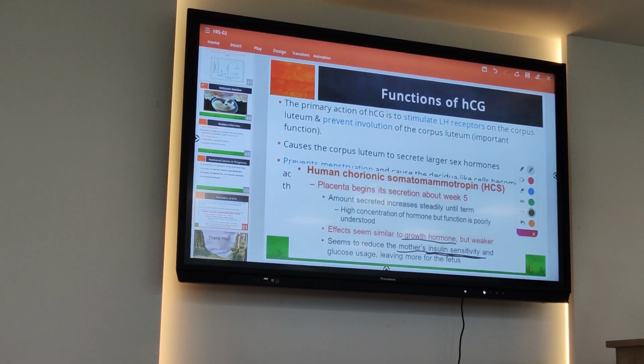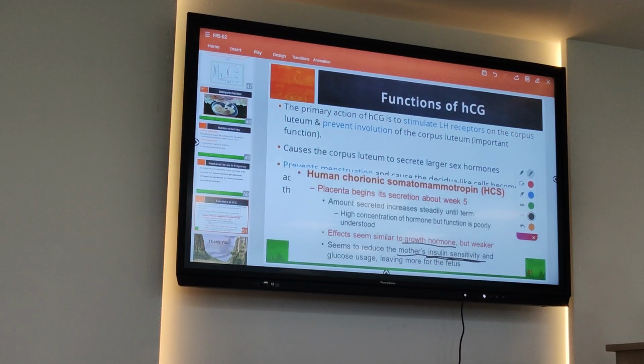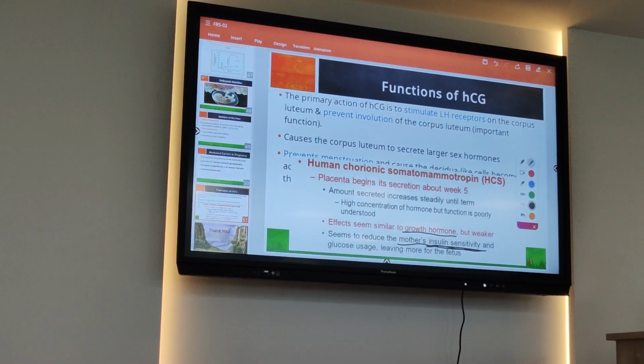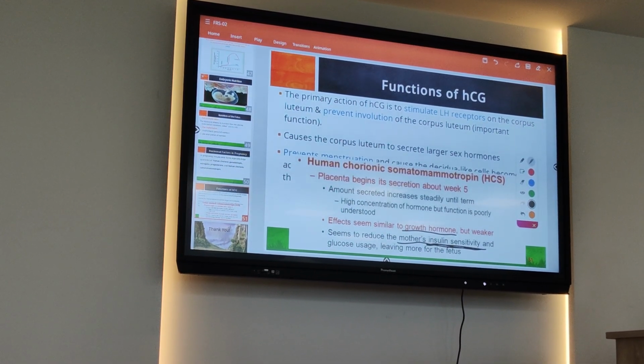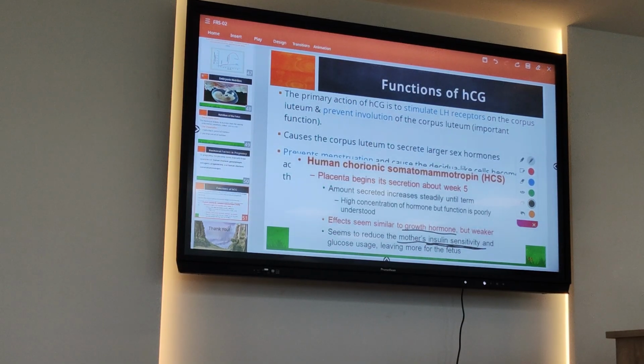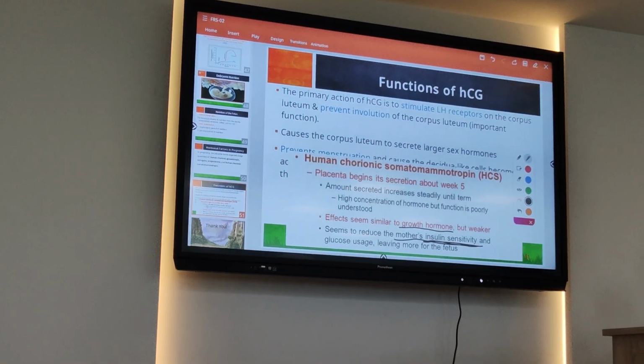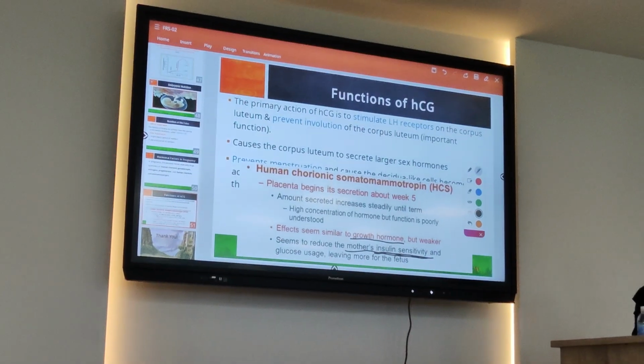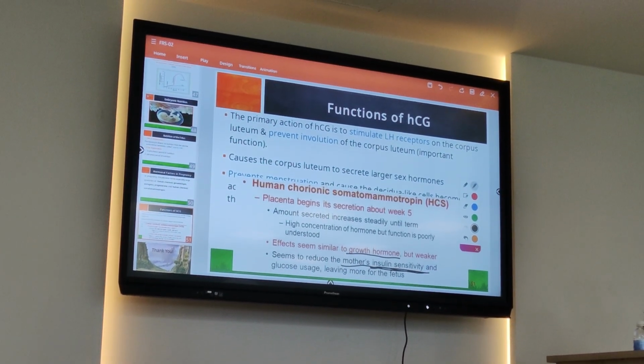The glucose stays in the blood, and glucose passes through the placenta into the fetus. So the fetus uses glucose. This is another possible function of HCS during pregnancy. Any question? No? Okay, let's have a quiz.